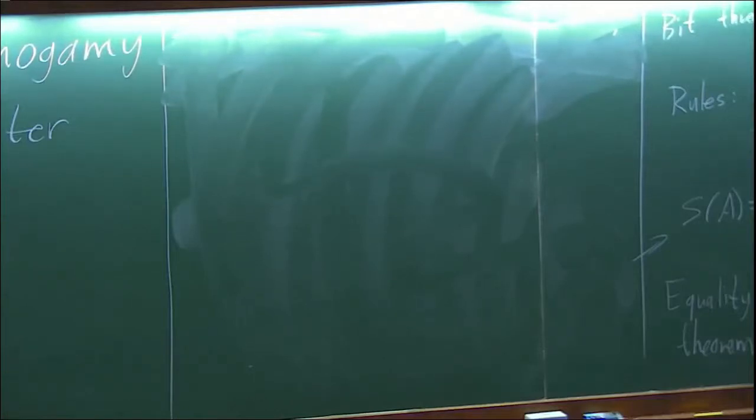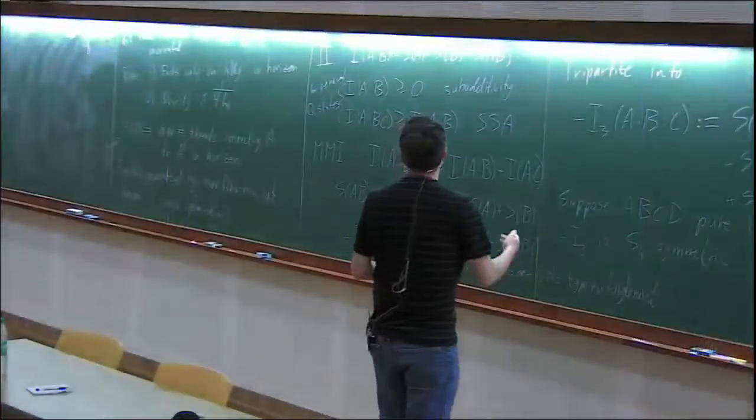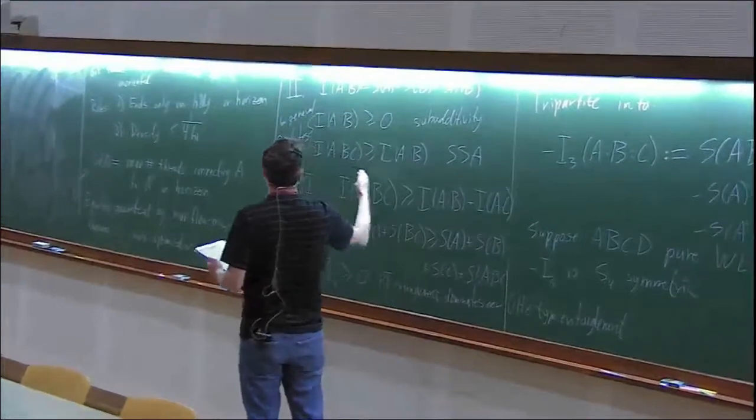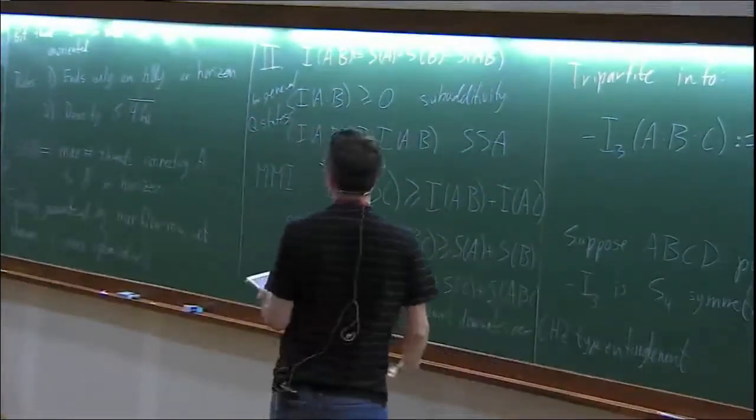those are linear inequalities, and what they leave behind is some cone in the space of entropies, which is the entropy cone. There are different entropy cones. There's the entropy cone of general quantum states, and then there's the holographic entropy cone.